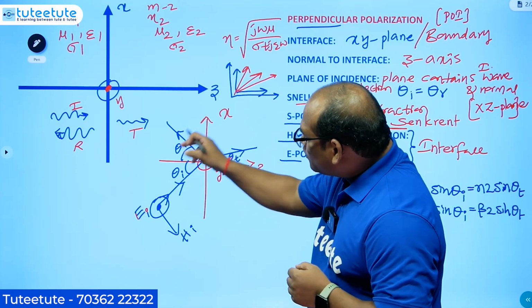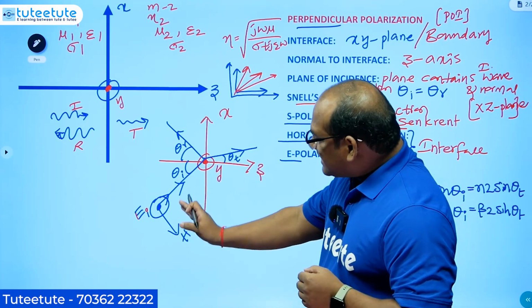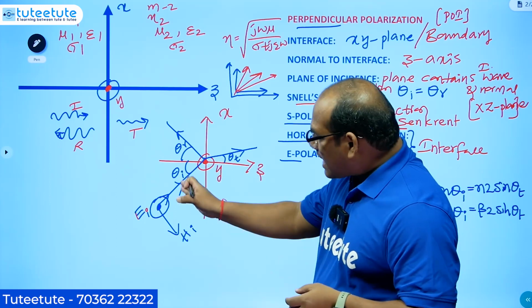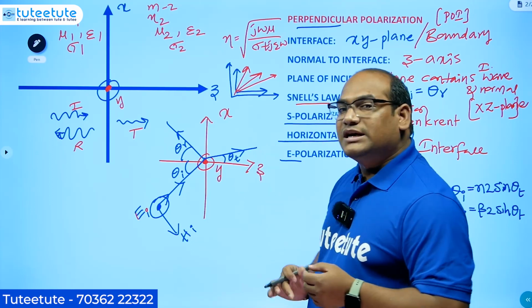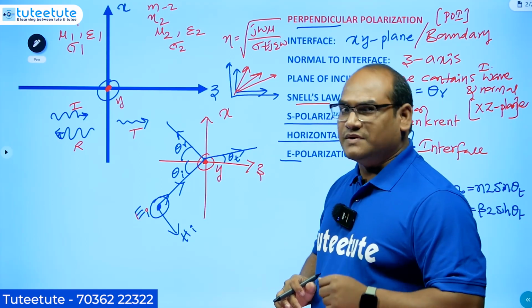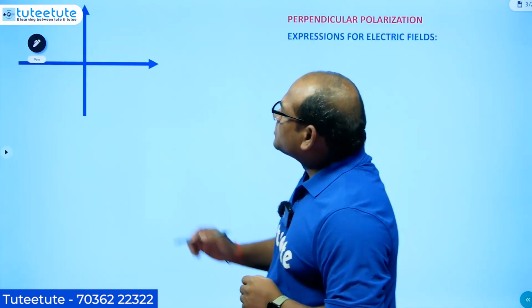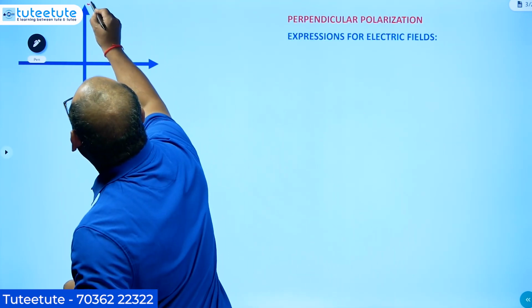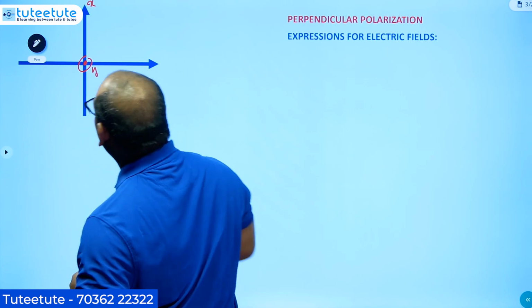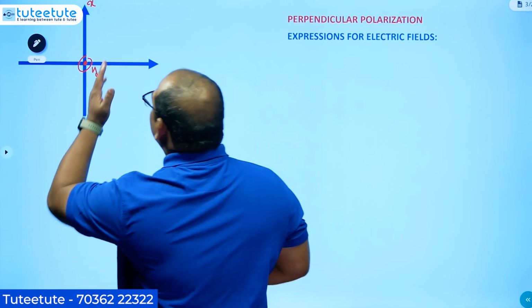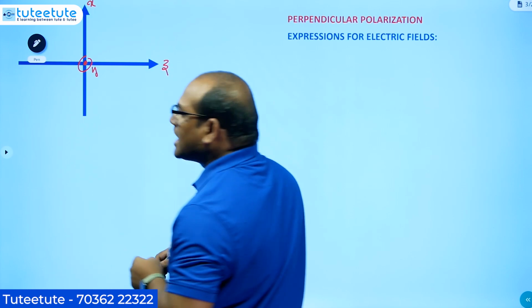Now we will see the exact orientations of this incident wave. Already I have given it here. The reflected wave, how it will be represented, and the transmitted wave, how it will be represented. These things we will see one by one. So here also the same thing we have to take, na? This is the x-axis, the y-axis is coming out of the screen, so the xy plane is the interface, and z is the normal to the interface.